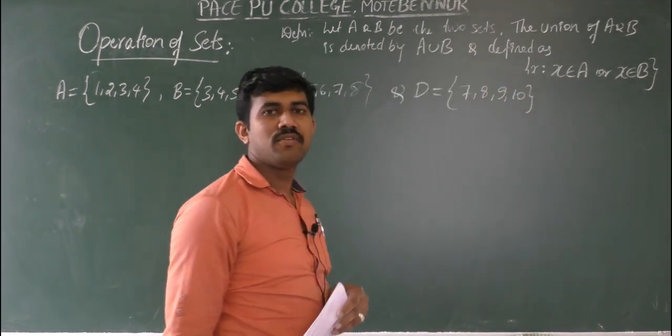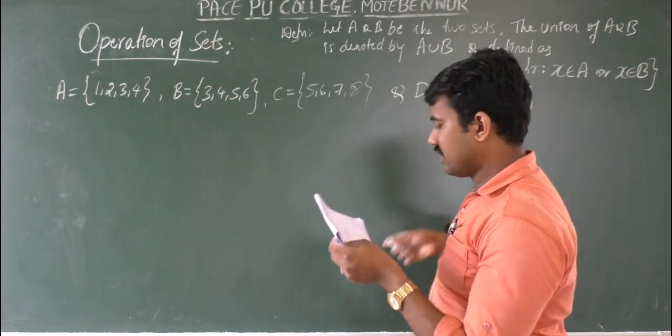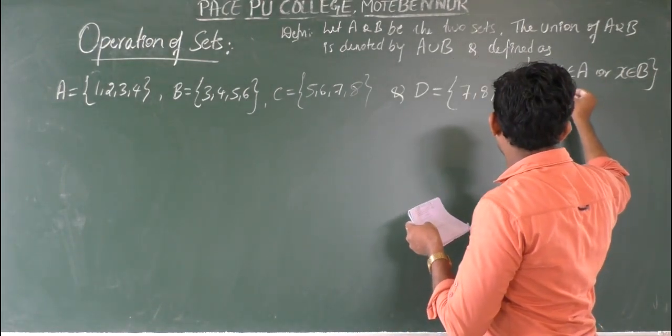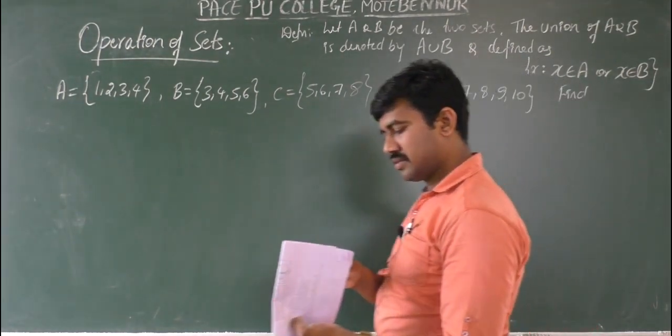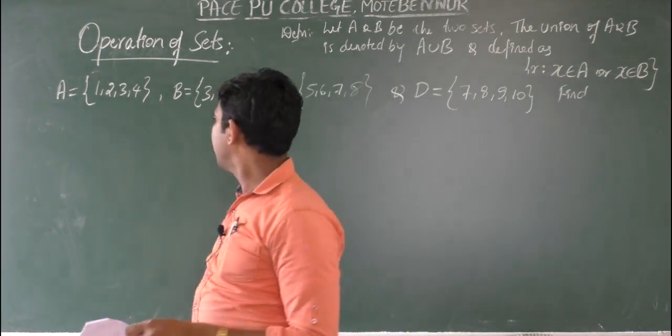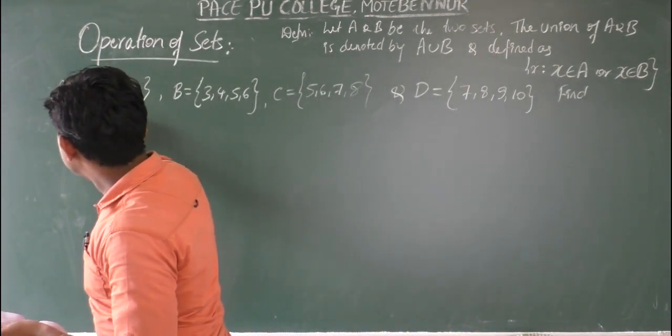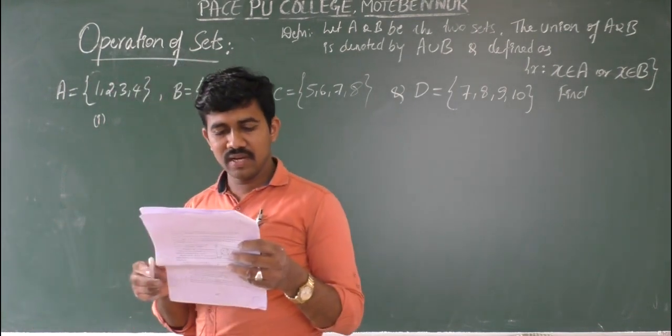Okay, they have given here 4 sets A, B, C, D. Here several questions you have, one by one we'll solve now.